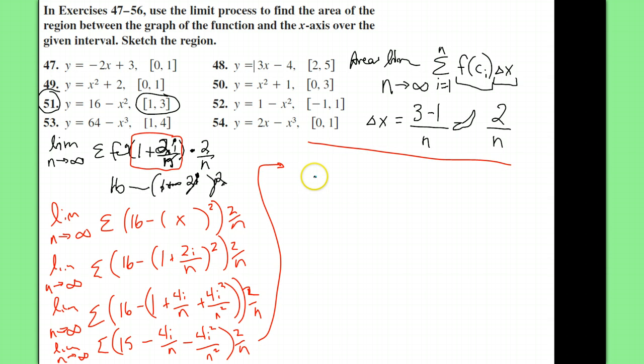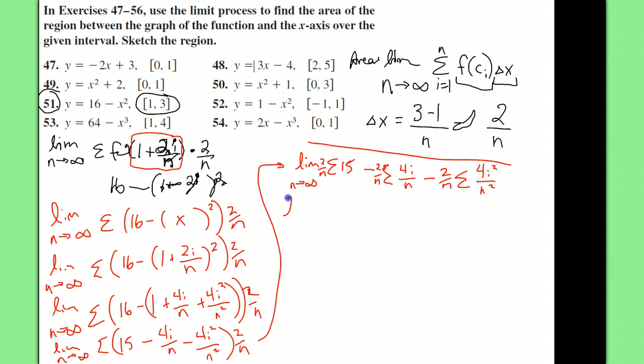You're noticing there's a lot of algebra involved, but we're going to come up on some ways we can simplify it. So what I have is the limit as n goes to infinity of the summation of 15, but notice that's times 2 over n, so that's got a 2 over n outside of it, minus the 2 over n times the summation of 4i over n, minus 2 over n times the summation of 4i squared over n squared.